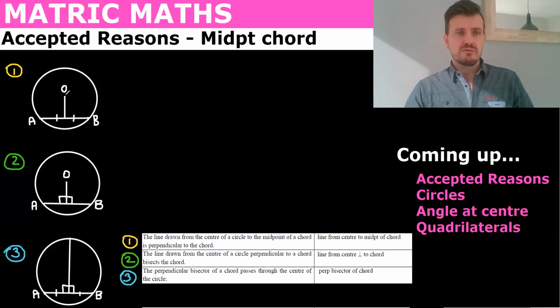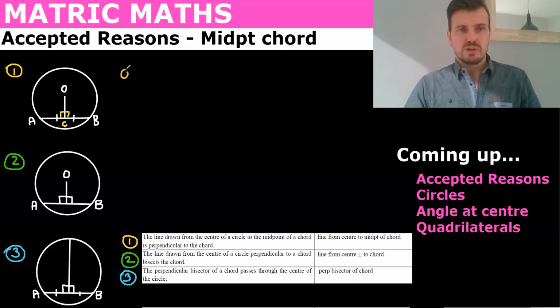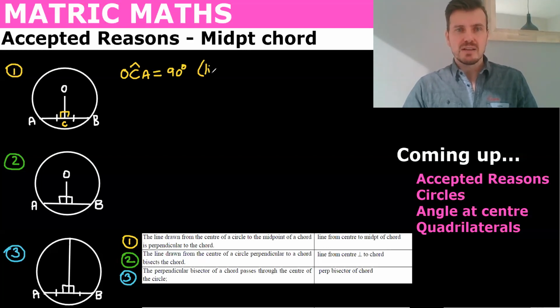So let's look at the first one. If we're given the radius of the circle bisecting AB, we can therefore say that these two angles, we'll call this C, OCB and OCA are 90 degrees. So if we needed to prove that OCA was 90, we'd say OCA equals 90 degrees, and the reason we'd say is line from center to midpoint of chord.